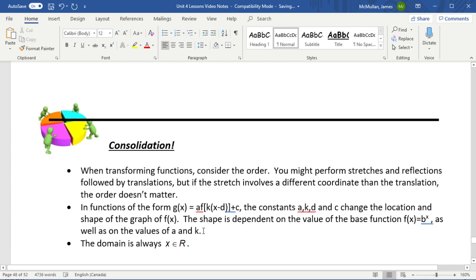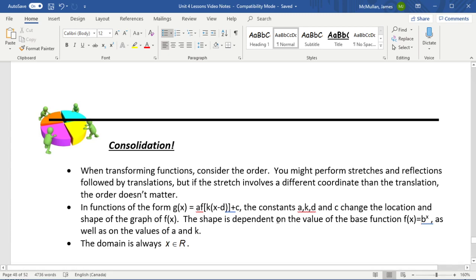Okay, so with transformations, make sure you do them in order. Do A, then K, then D, then C. You can't be wrong. A, K, D, and C all change the shape of the graph, and they all depend on the parent. The parent in this unit is different for every question. The parent needs you to understand what B is, and that goes into your original table.